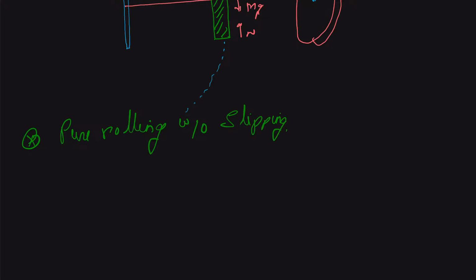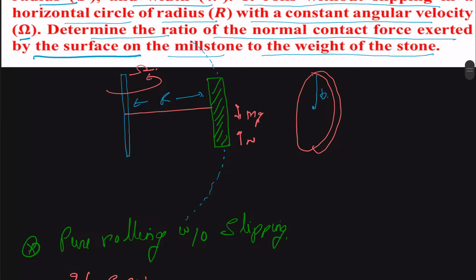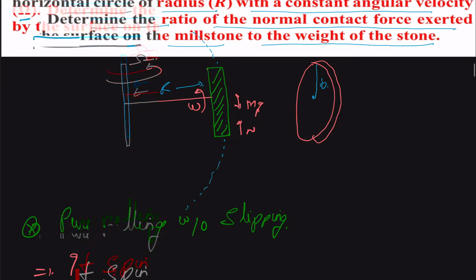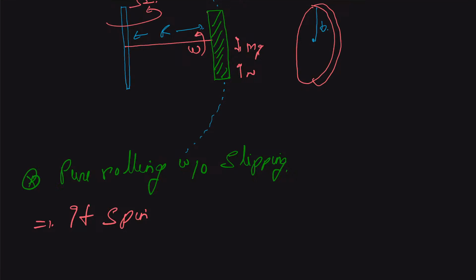So therefore we can say that its angular velocity about its own axle, if that is omega, so we can write that it's spin angular velocity, because it is going to roll here also, and that is our omega. So there will be two motions: one will be rotation about its axis and the other will be revolving around this particular support.